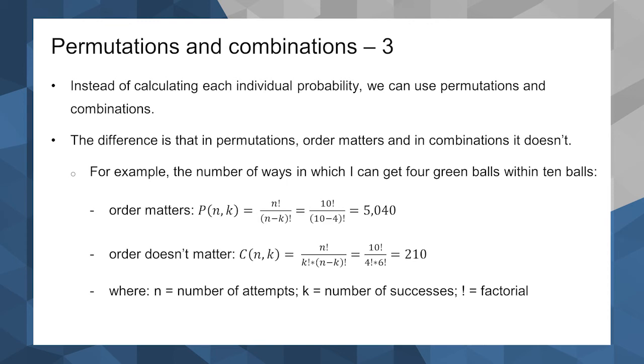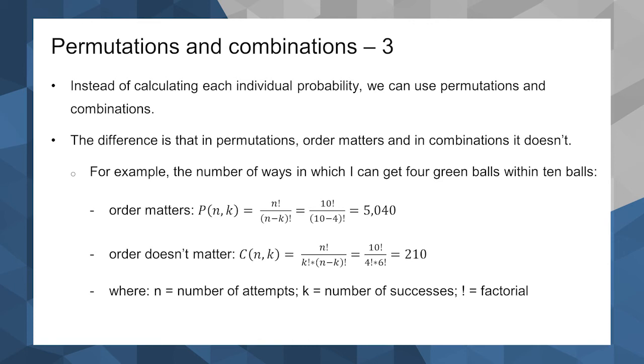So in the case the order doesn't matter, I do number of attempts factorial divided by number of successes factorial times the difference between attempts and successes factorial.